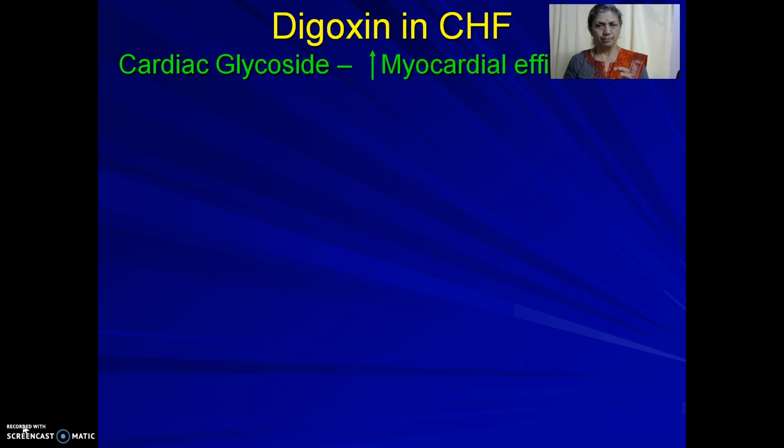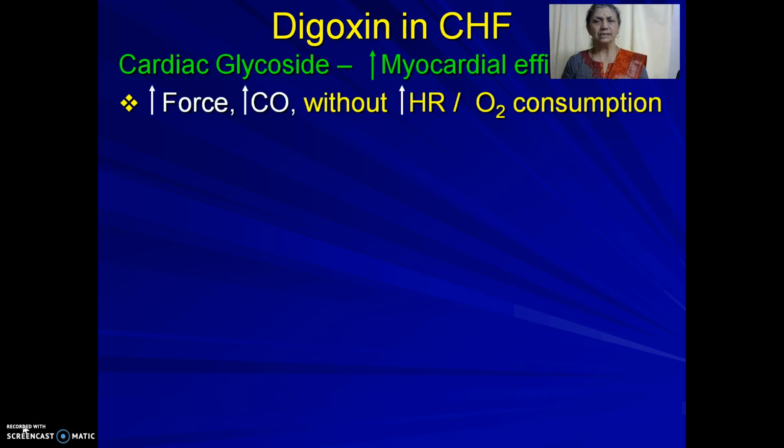Similarly, myocardial efficiency is how much cardiac output we get for a given amount of oxygen consumption. And digoxin enables the heart to give more cardiac output without increasing oxygen consumption, because it does this by increasing the force without increasing the heart rate.